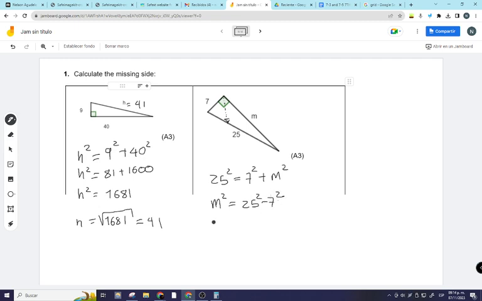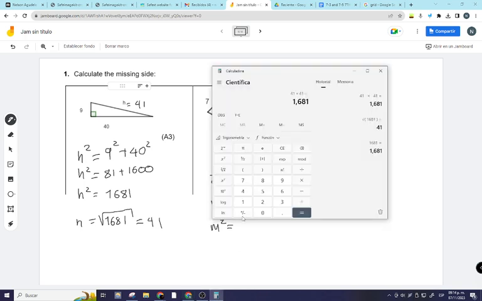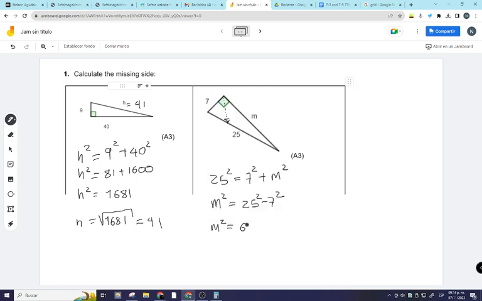Okay, so the leg squared would be 25 times 25, which is 625, minus 7 times 7, which is 49.